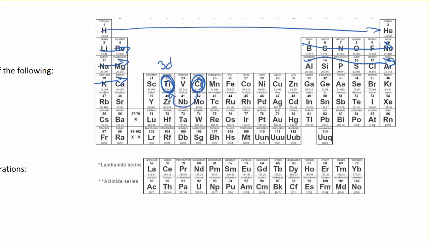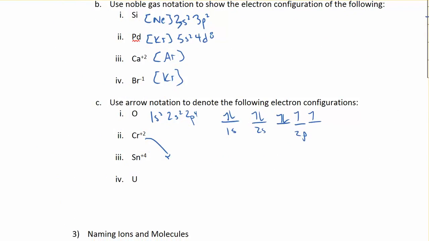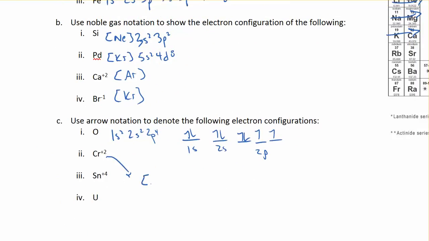Specifically, I'll use argon as the previous noble gas, and then add on some 4s and 2 3d electrons. So chromium with a +2 charge would look like argon, with the 4s electrons, and then 5 suborbitals for the 3d, only 2 of which have electrons, and again, make sure those electrons are spinning the same way.